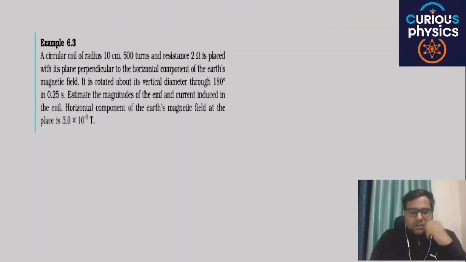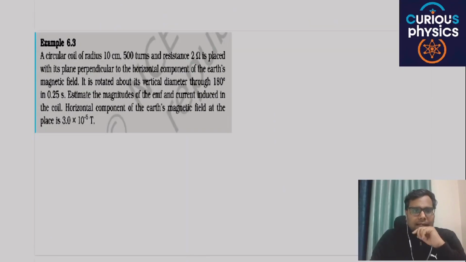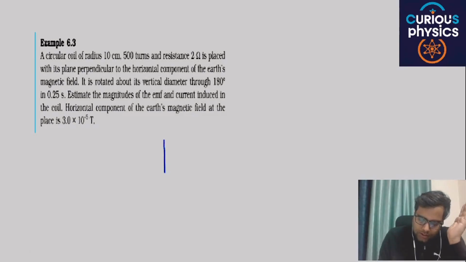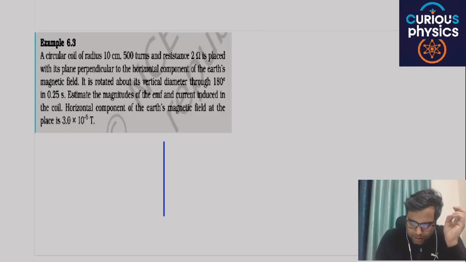Okay, next is a circular coil of radius 10 cm, 500 turns and a resistance 2 ohm is placed with its plane perpendicular to the horizontal component of the Earth's magnetic field.